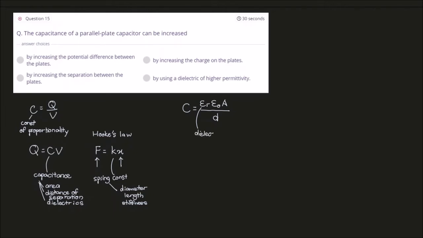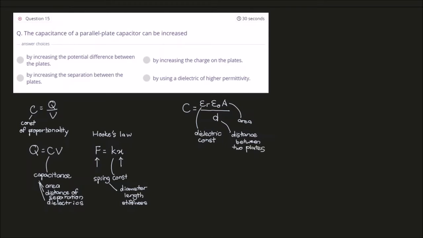So you change this by inserting dielectrics of different permittivity. Different permittivity, then you have a different dielectric constant. This one will be the area, then this one will be the distance between the two plates. So I hope we are clear with this. What changed and what was kept constant are very important.